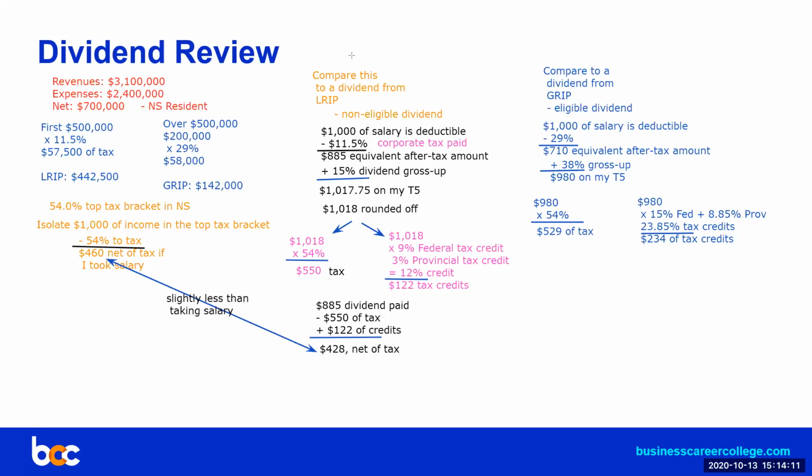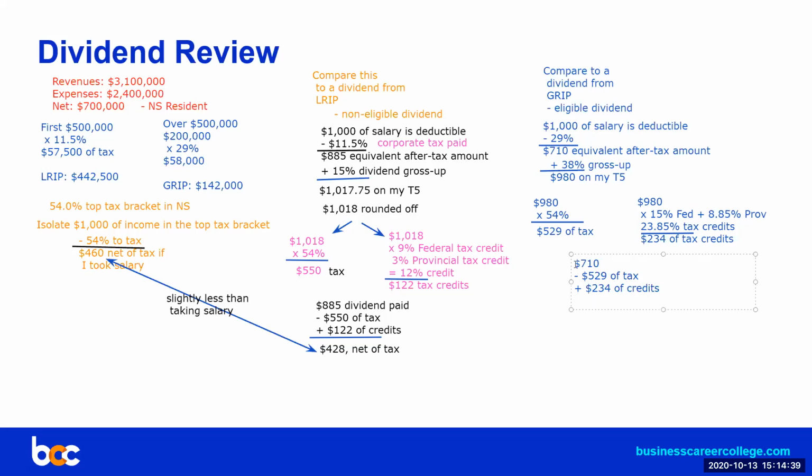And now we can finish this out. We say we started at a dividend of $710. That's the actual dividend. That's the check I got from my corporation. And then we would subtract $529 of tax, and then we would add $234 of credits.